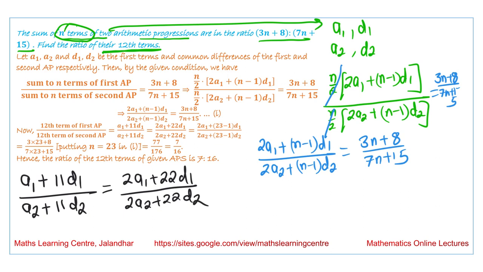If we compare both these values and substitute n equal to 23 in this formula, we will obtain the value of this term.